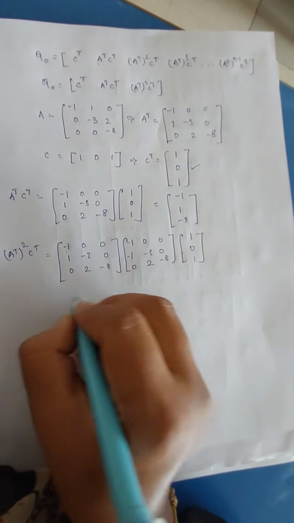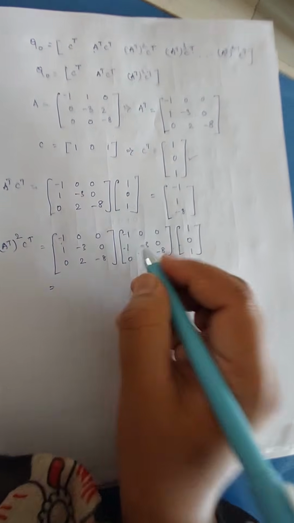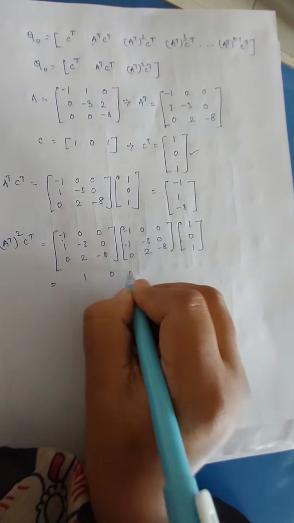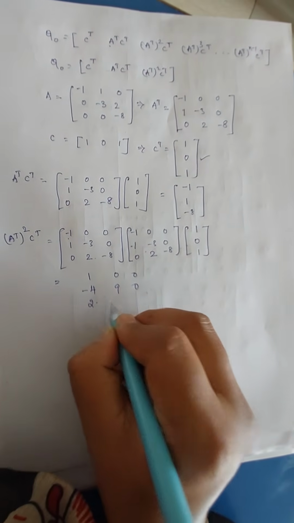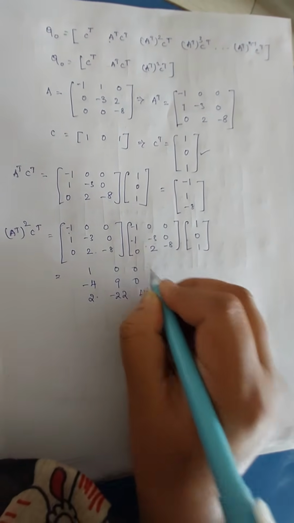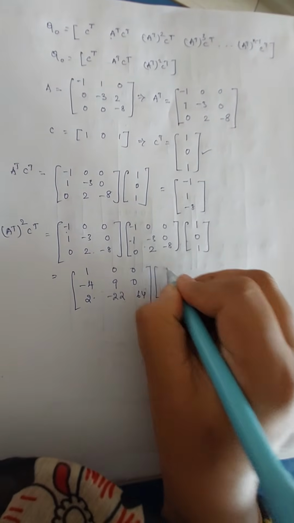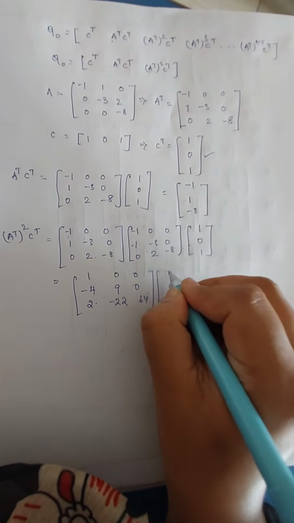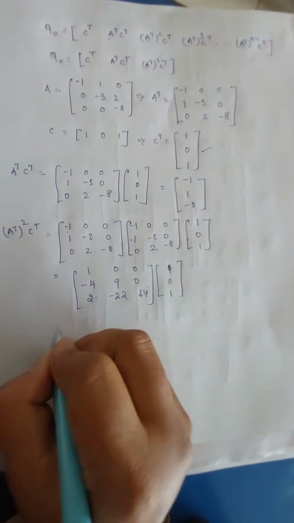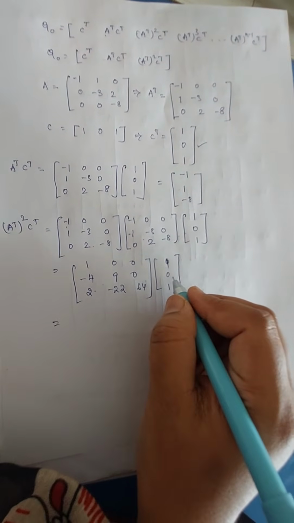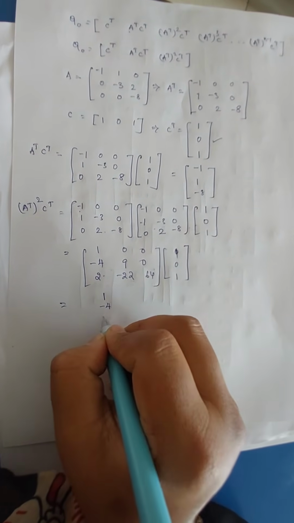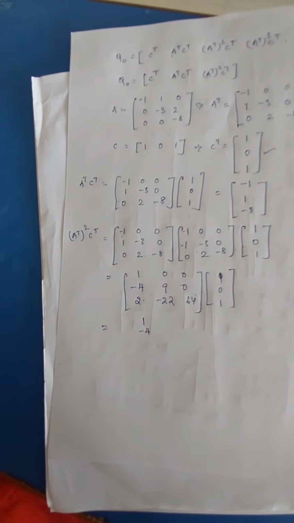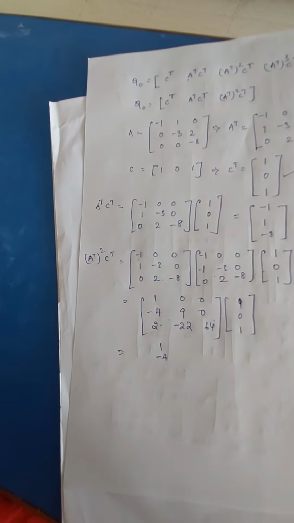When we multiply these two matrices, we get 1, 0, 0, minus 4, 9, 0, 2, minus 22, 64, into C transpose 1, 0, 1. Multiplying these, we get a column matrix of 1, minus 4, and lastly the element 66.